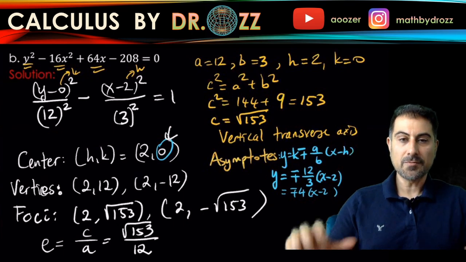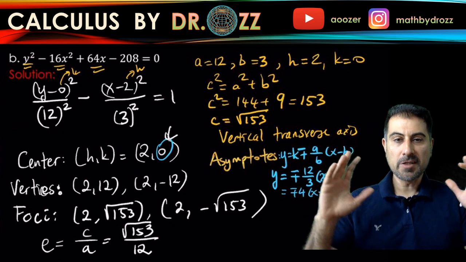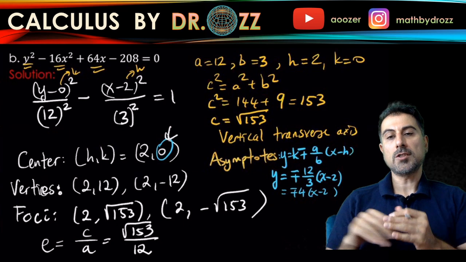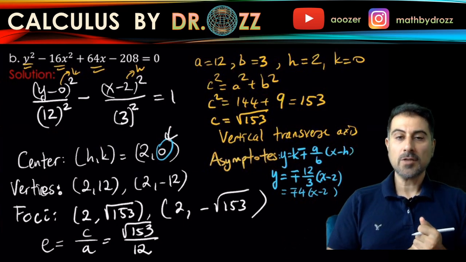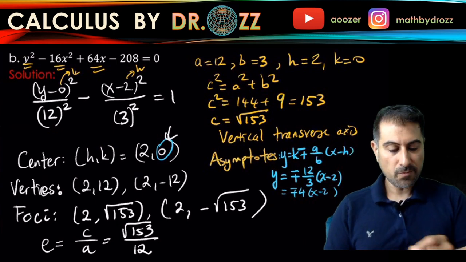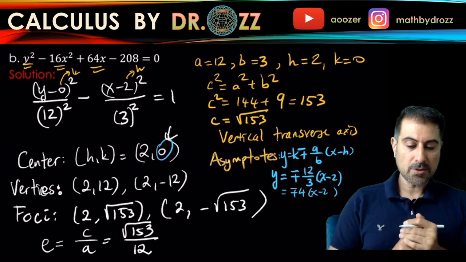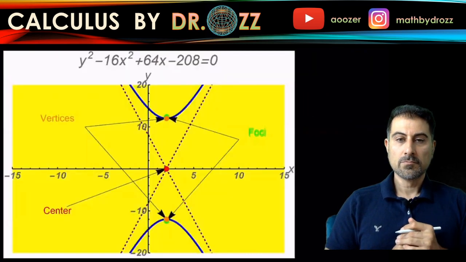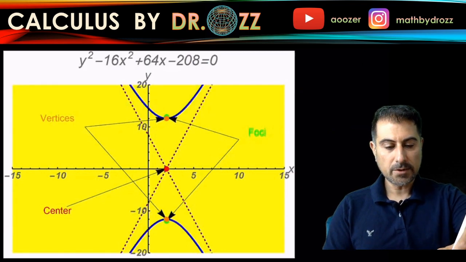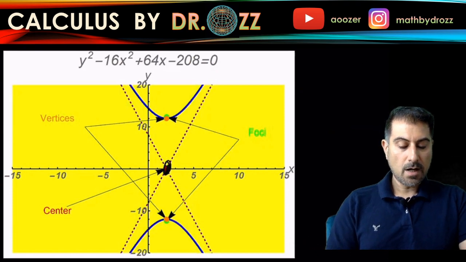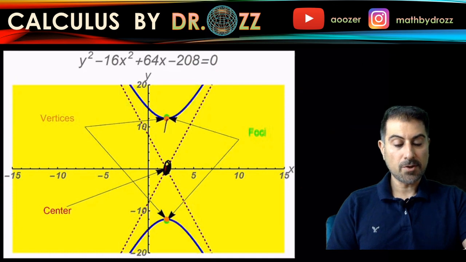These are the asymptotes. So we have everything wrapped up here, but we want to make sure that what we have done matches with the plot of the hyperbola with asymptotes. Here we go. I have the center located here, and I have 2 vertices as orange dots, and then you have the green dots here.